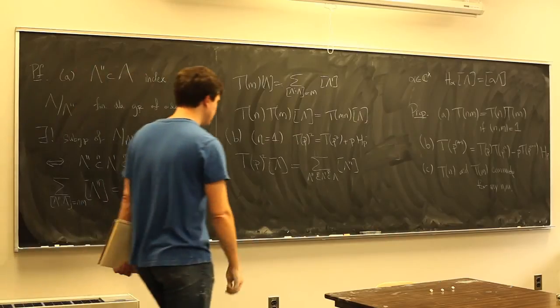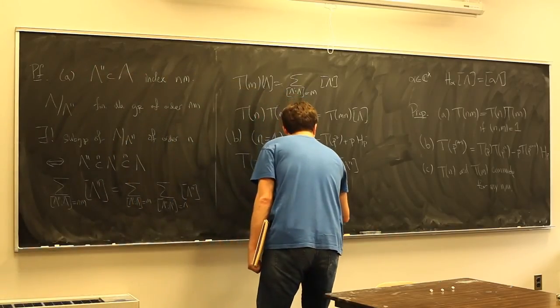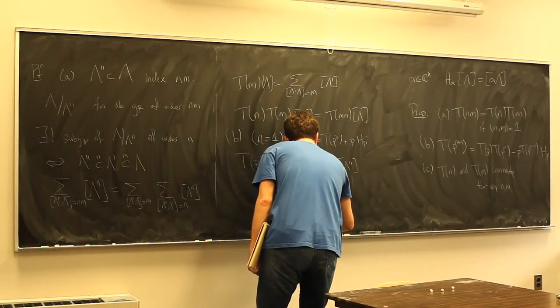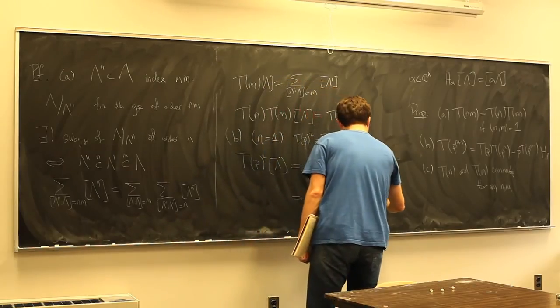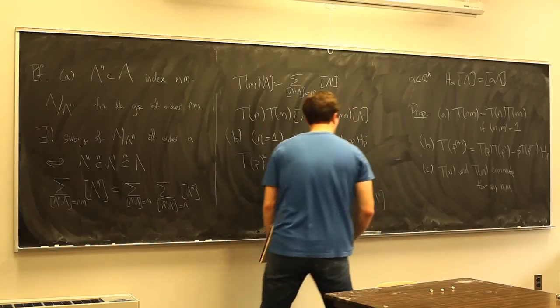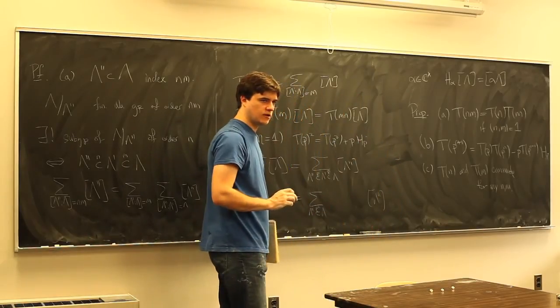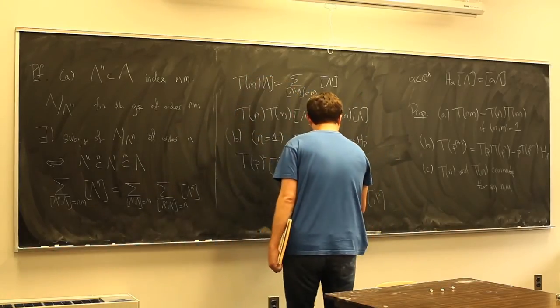And so I can rewrite this. This is the sum over all Λ'' inside Λ of index p squared, but it's weighted by how many choices of Λ' there are, right? So here you put in the number.